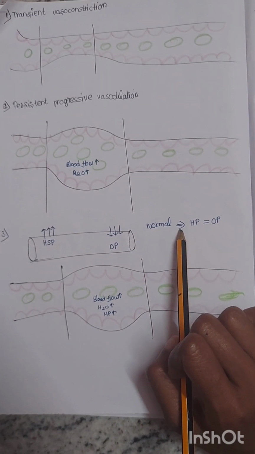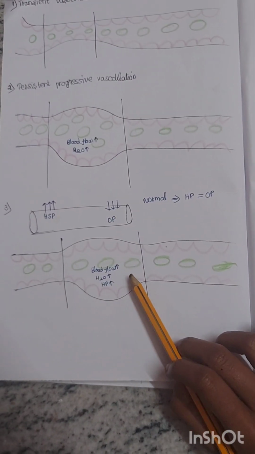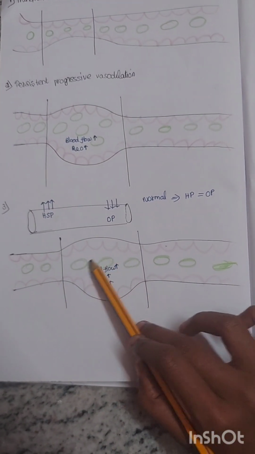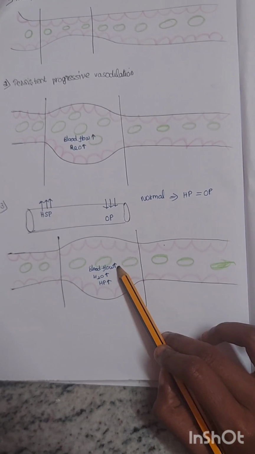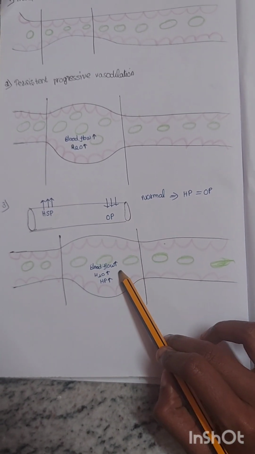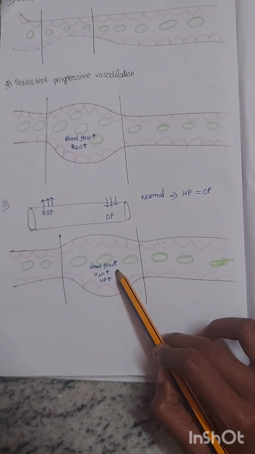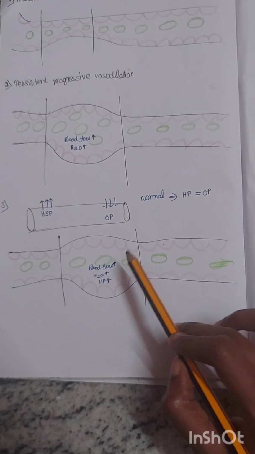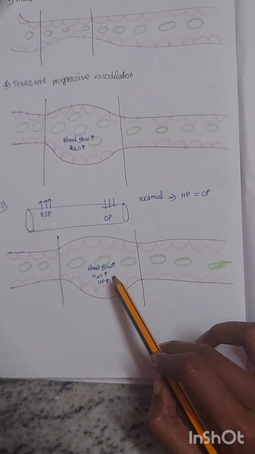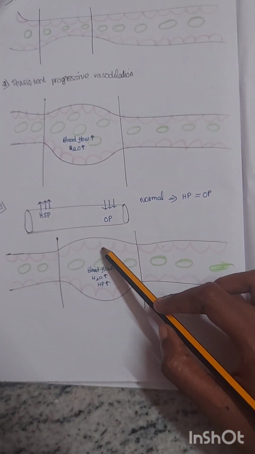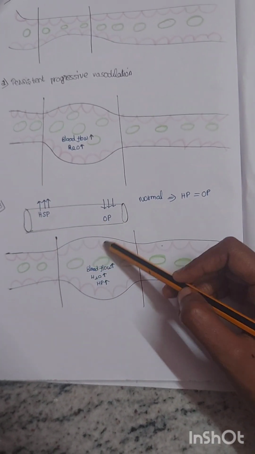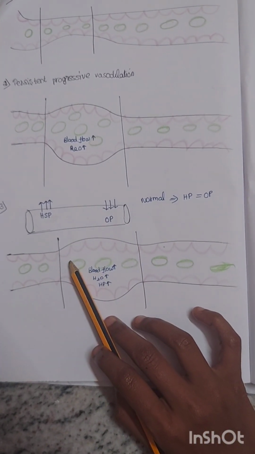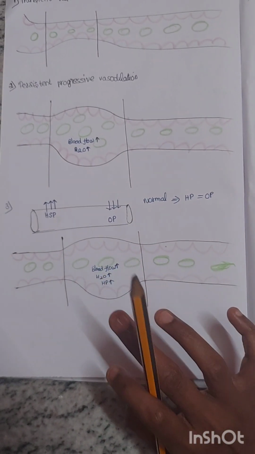So let me come to the point here. Here dilation takes place, so blood flow increases, then water content increases. What is water? Another name for water is hydro. So hydrostatic pressure also increases here, so the force will be towards outside. This is called elevation of hydrostatic pressure, which is the third step.